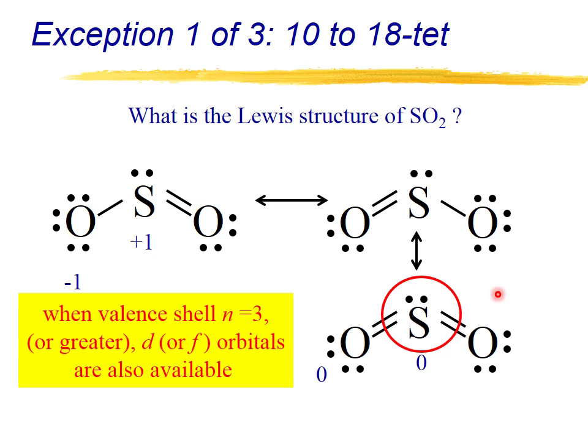The rule here is to be careful and do this only if the formal charge situation gets better, as it does here, and also that the central atom is third row or higher, which is a majority of the periodic table. So that's exception 1.